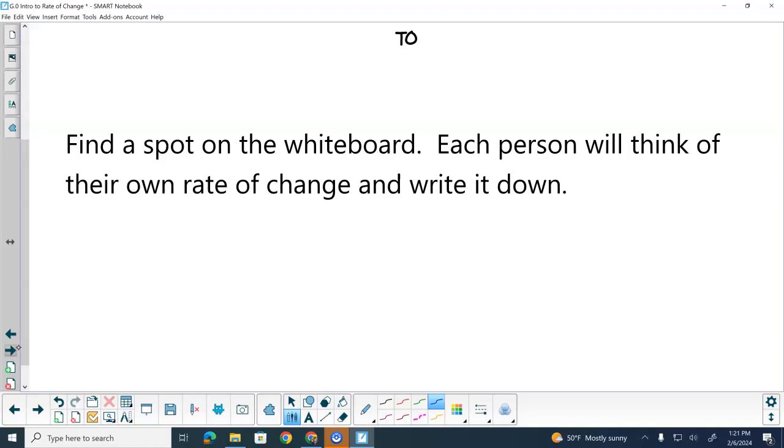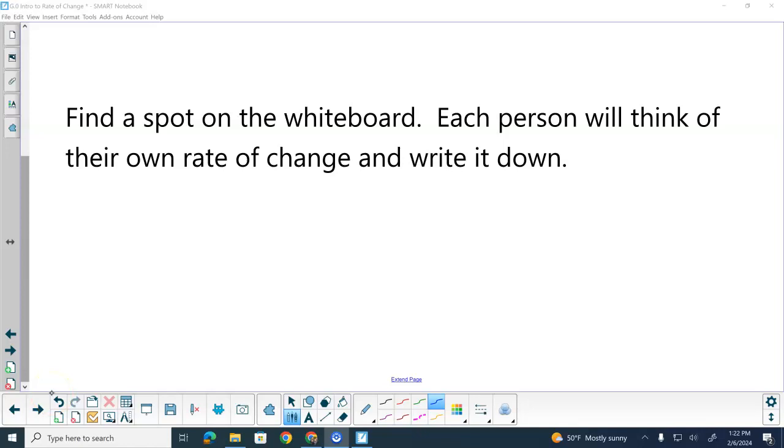I'll use miles per hour. 1,601 miles it takes to drive to my parents' house in Florida. It takes 22 and a half hours. 1,601 miles per 22.5 hours. Rate of change. Come up with one right now.